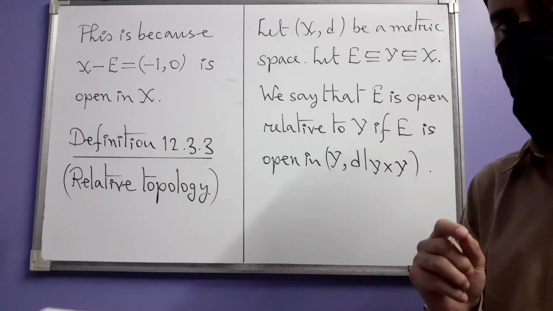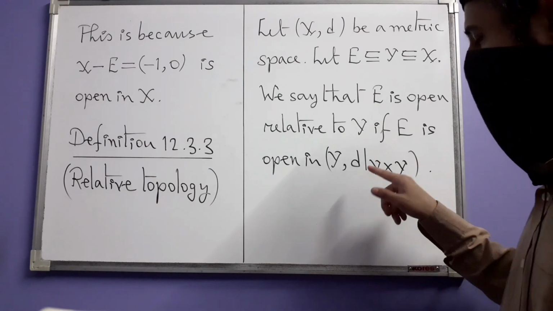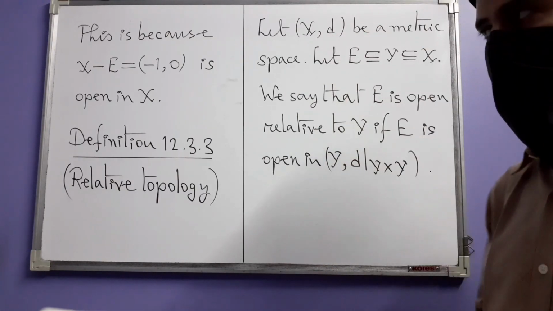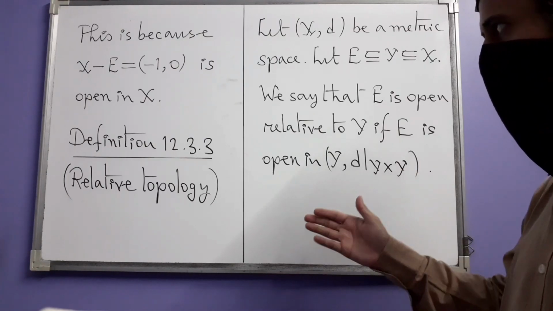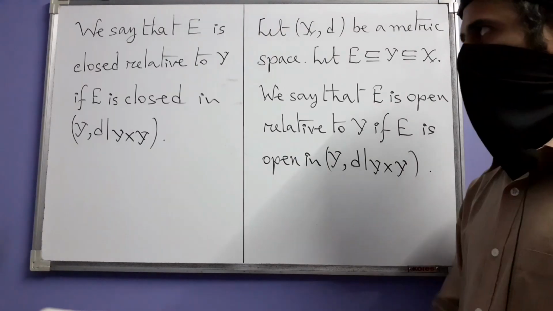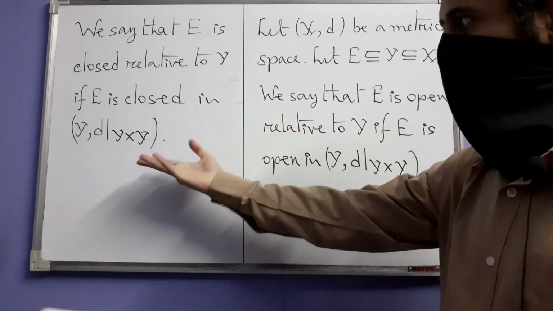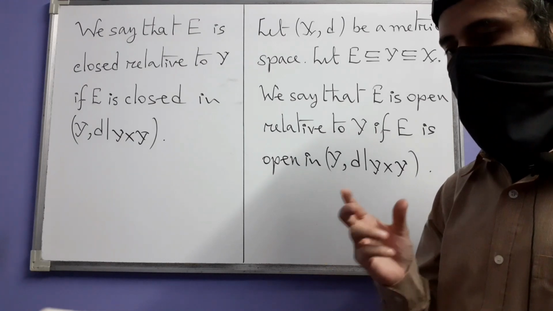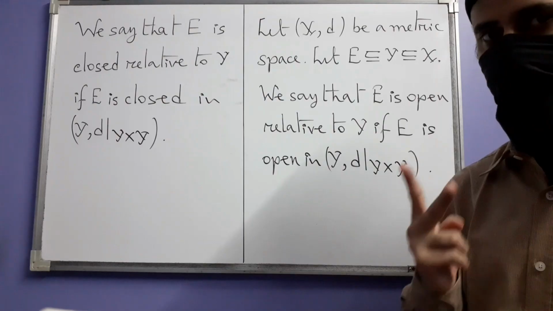Y as a subset is a subspace of X which has this metric that it has inherited from the metric on X, which is just the restriction of the metric to Y. And there is the closed set part also of this definition, which is this. We say that E is closed relative to Y if E is closed in that subspace. Alright, so we have got two terms, closed relative to and open relative to.